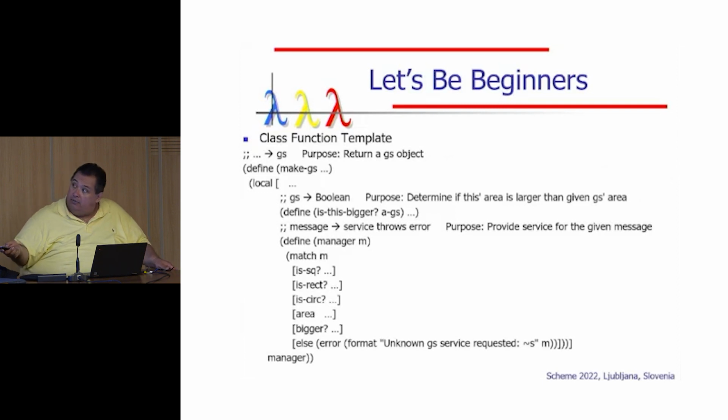And then you have your message processing function, with all the valid messages there, and what you have to do for each one of them. And you return the manager. So the object is that manager function. And now what you have to do is specialize that template for each subtype of geometric shape.